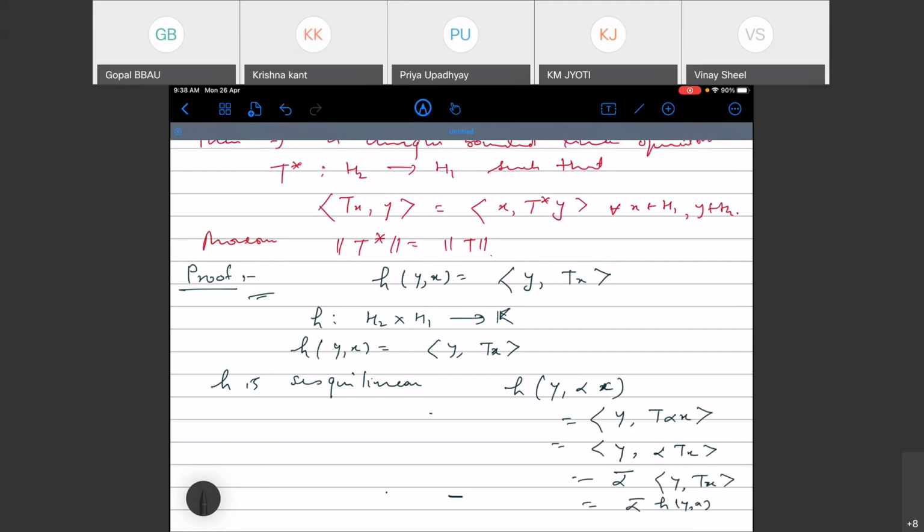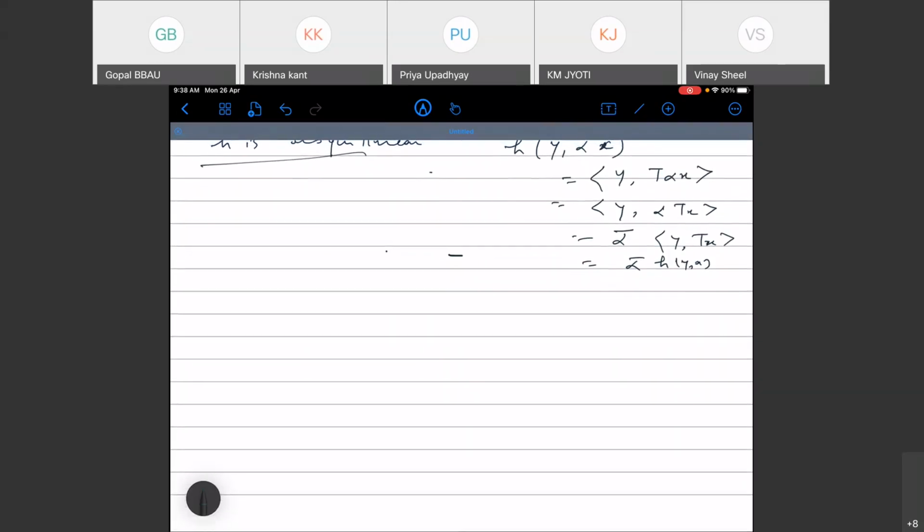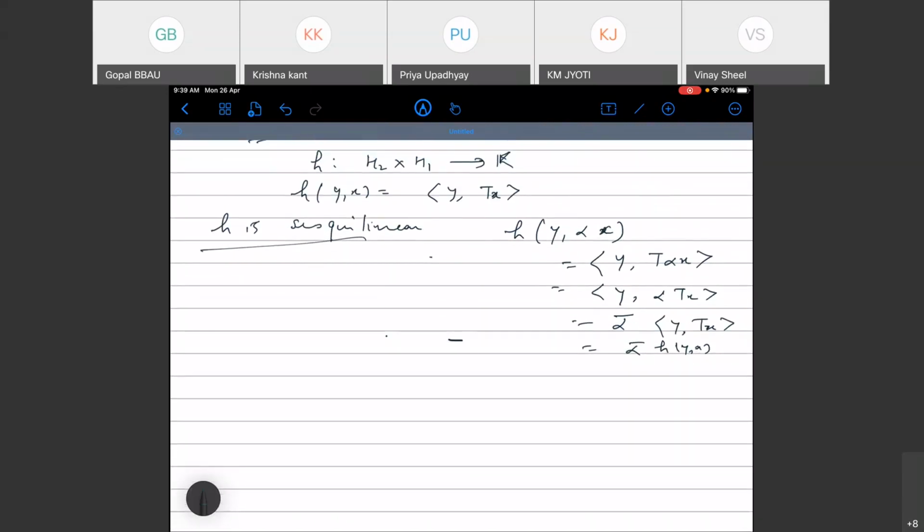So this shows that h is sesquilinear. Also this is easy to see: ⟨y, T(x1 + x2)⟩ equals h(y, x1) plus h(y, x2). This part you can easily see.